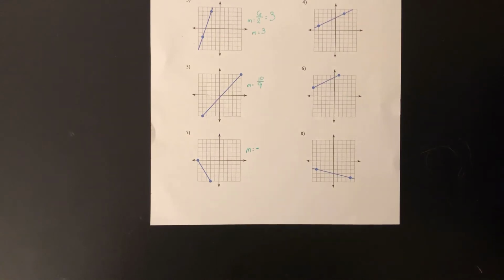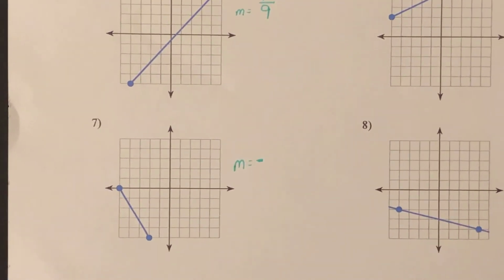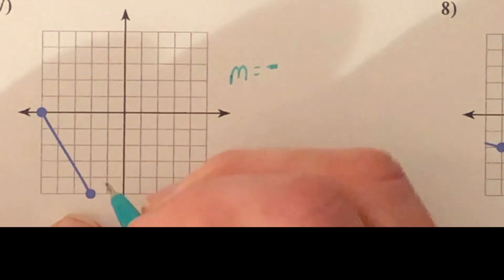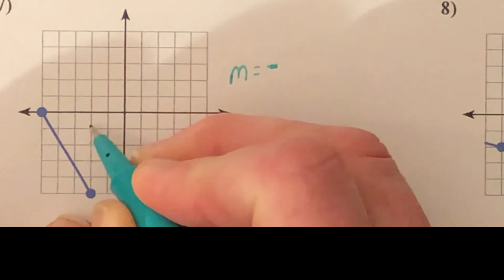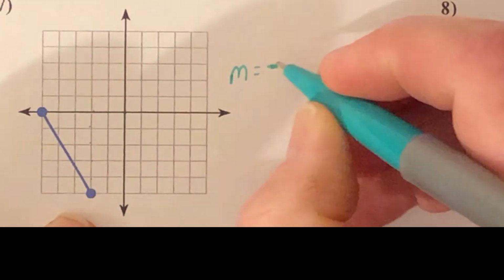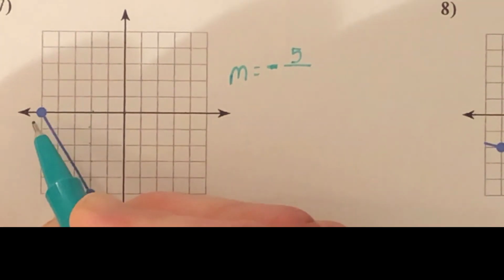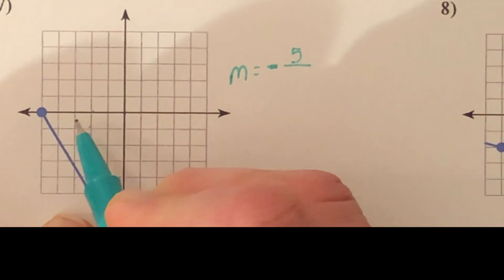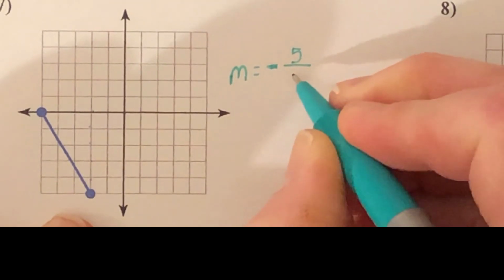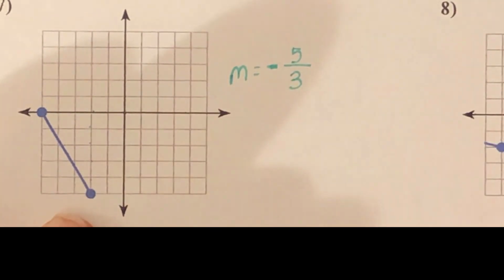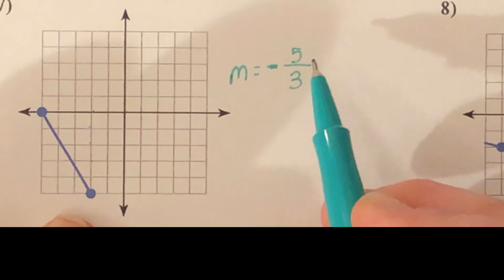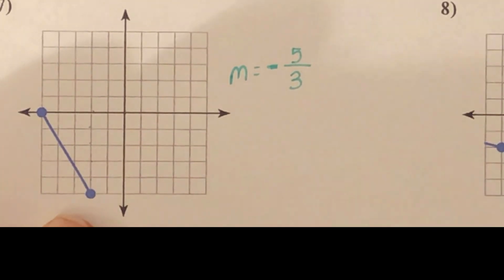I'm going to put a great big negative sign right there. Let me start here. I'm going to go up 1, 2, 3, 4, 5, up 5, and I'm going to the left instead of to the right this time. 1, 2, 3. So the slope for number 7 is negative 5/3.